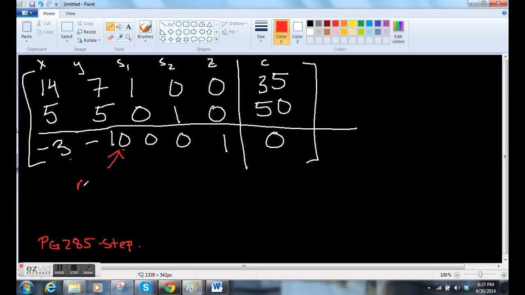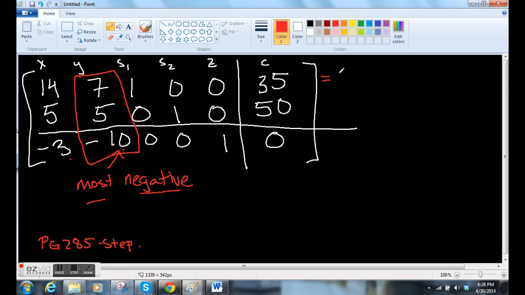You take the most negative number, which is negative 10. That tells us to focus on this second column. I'm not interested in having you understand the derivation of this process, just how to do it.